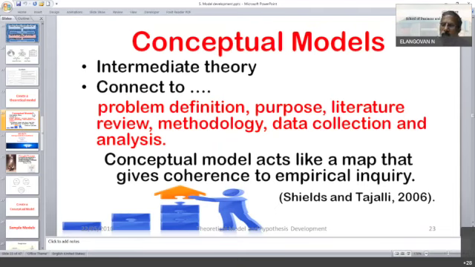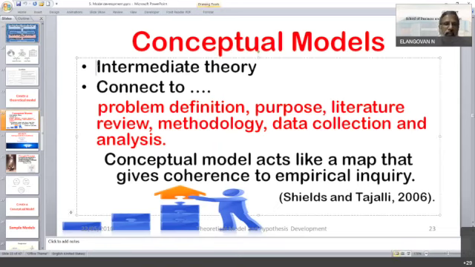Maybe we will include another variable there, or we may change the relationship there and propose that this could be like that. That is what is called the hypothesis. So that is what a conceptual model becomes: an intermediate theory.